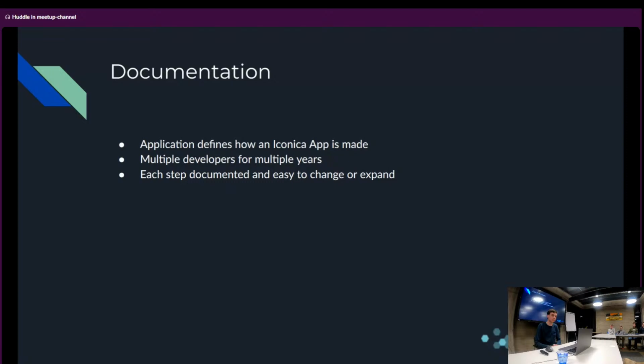So it's documentation itself, but the tool should also be easy to modify and understand by different people. So adding more at each step should be documented. Like, what does the create project step do? How should I modify it? I have multiple developers working on it for multiple years, and people can go away. You don't want to lose the knowledge.